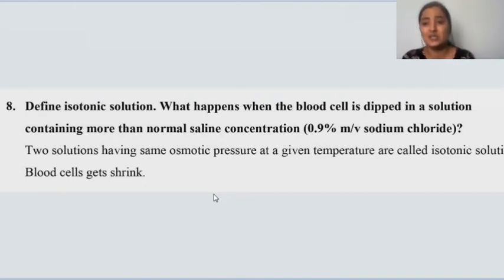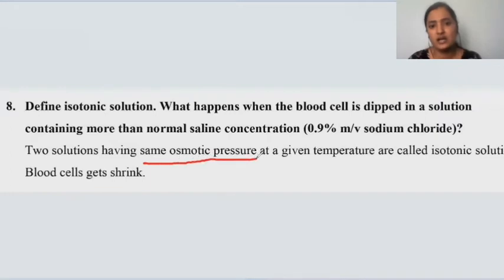Then what is an isotonic solution? Two solutions having the same osmotic pressure at a given temperature are regarded as isotonic solutions. At a particular temperature, if two solutions have the same osmotic pressure, then such solutions are regarded as isotonic solutions.